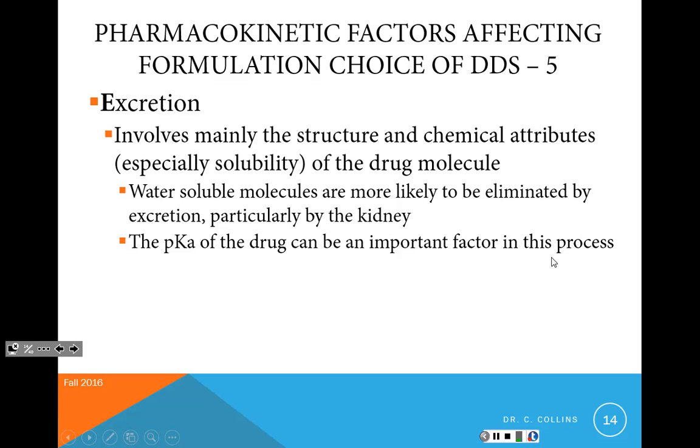pKa of the drug can be a factor in this process, so altering its salt form might affect the elimination. The lifestyle of the patient might affect excretion of a drug, and I mean from the standpoint of diet. Most people are omnivores.